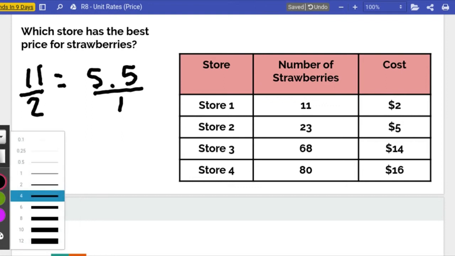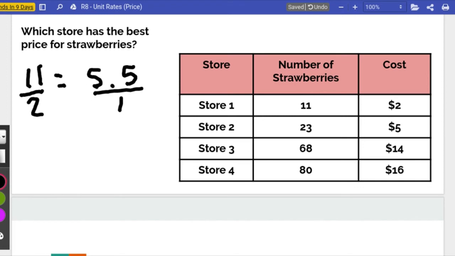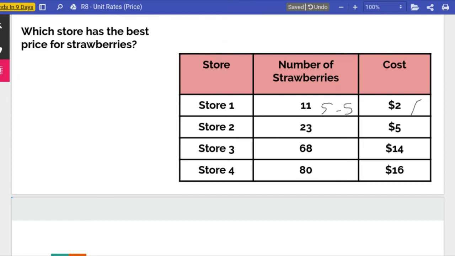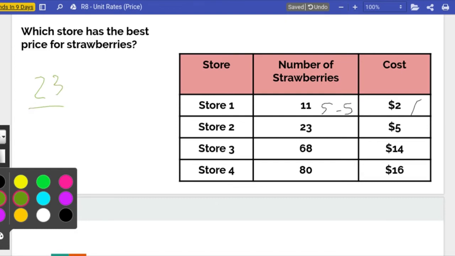I'm going to make this writing a little bit smaller. And let's do 5.5 for $1. Okay, so if I have 23 strawberries for $5, that is 4 3/5 or 4.6.